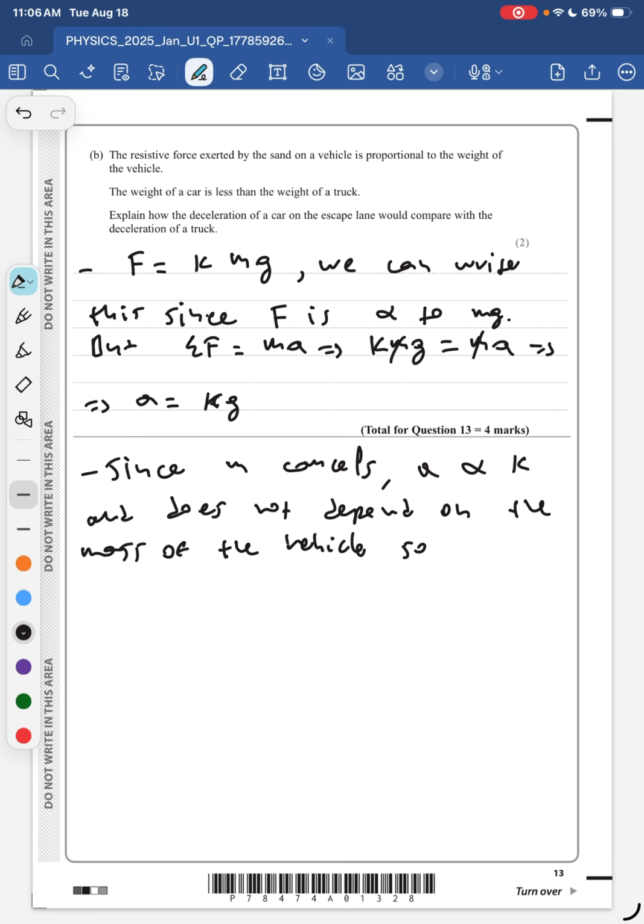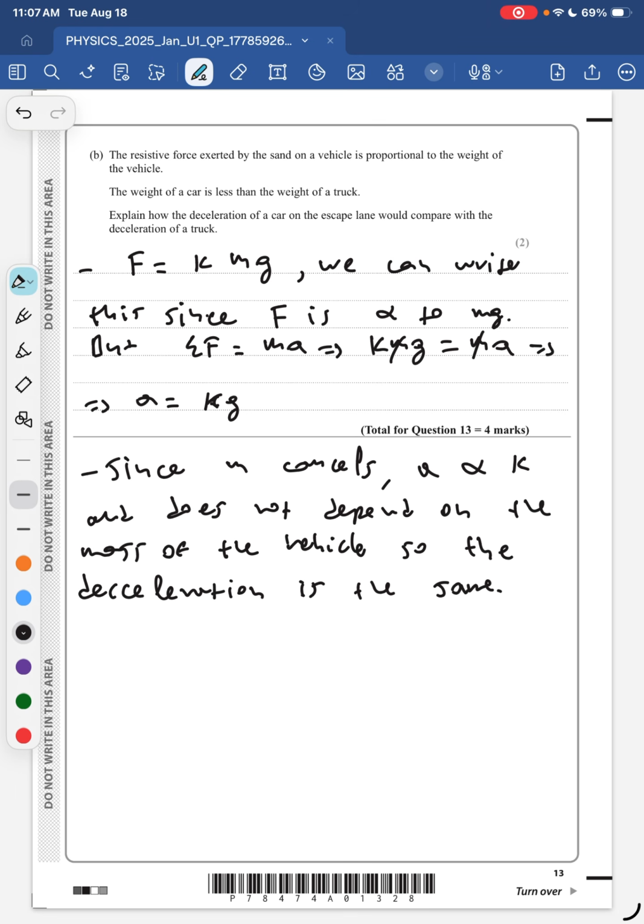So the deceleration is the same. You might expect a different result, but actually it doesn't matter. The deceleration does not depend on mass, as we just showed.